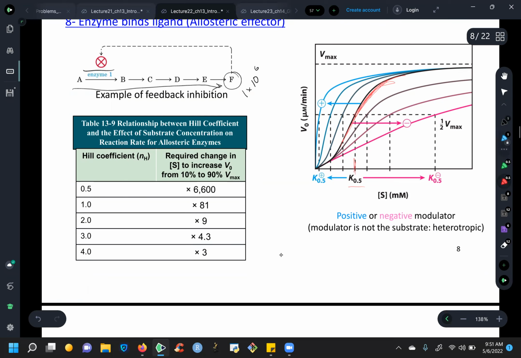Now, if your Km value moves to the right, then the enzyme becomes less effective. So that's a negative modulator. But if your Km moves to the left, then your enzyme becomes more effective. So that's a positive modulator.